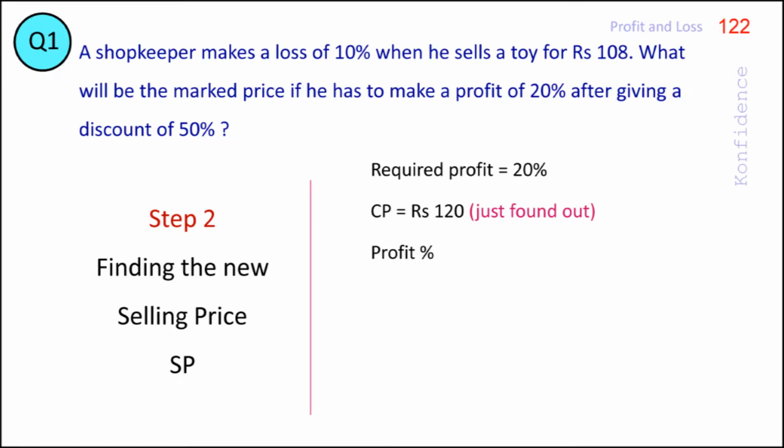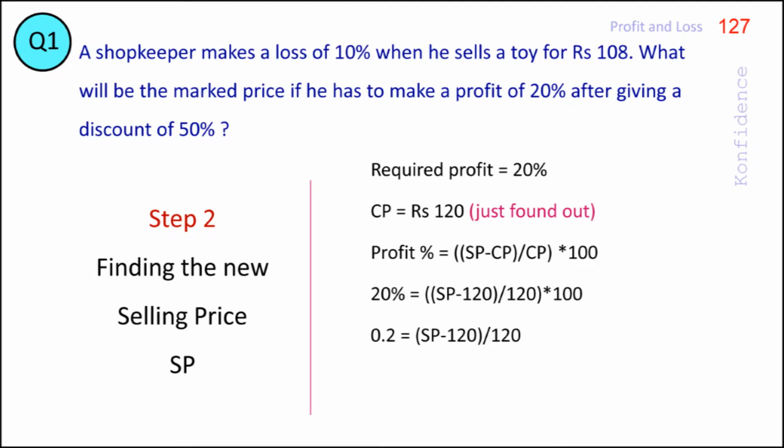Profit percent equals (SP minus CP) divided by CP into 100. 20 equals (SP minus 120) divided by 120 into 100, or 0.2 equals (SP minus 120) divided by 120. 24 equals SP minus 120, or SP equals 144 rupees.